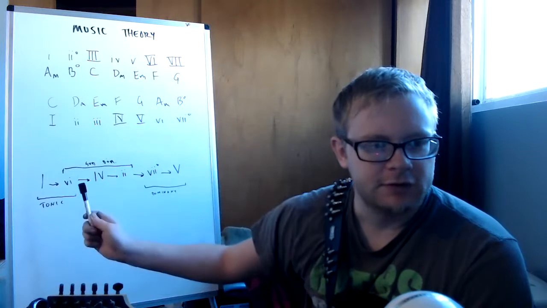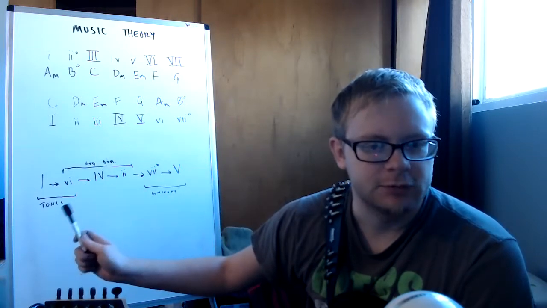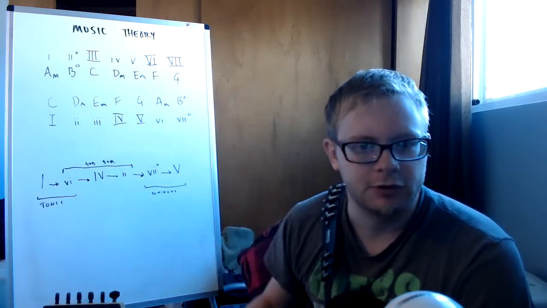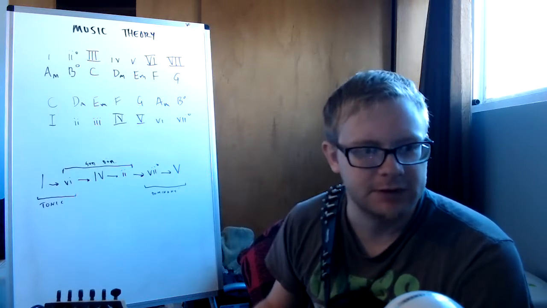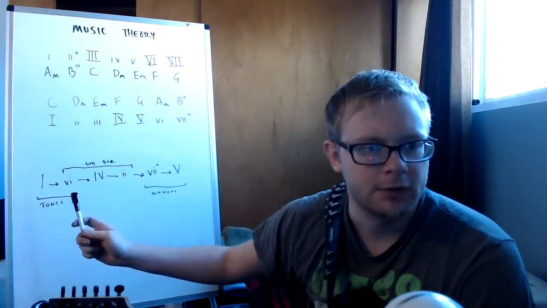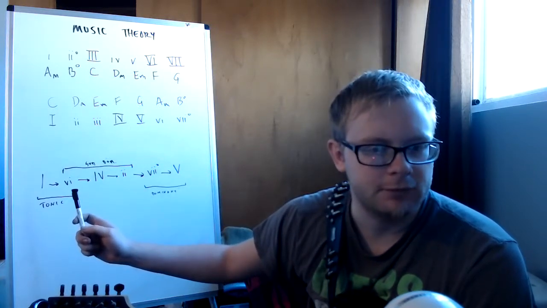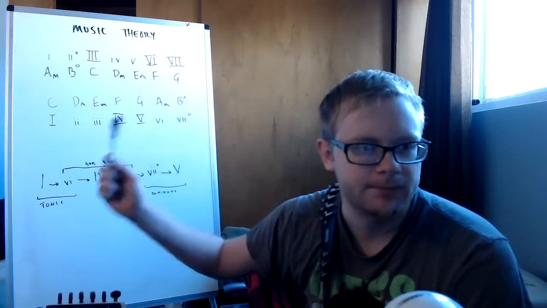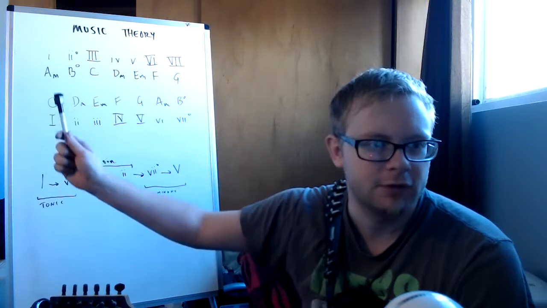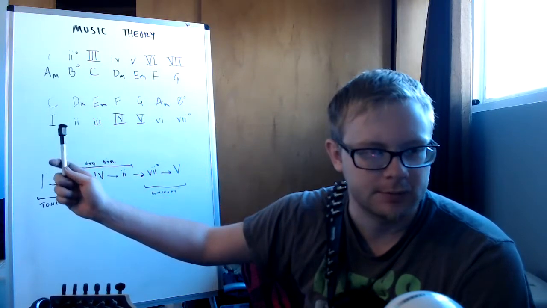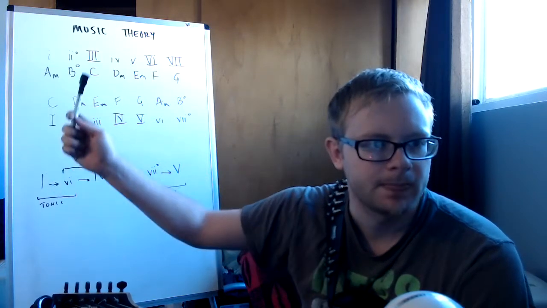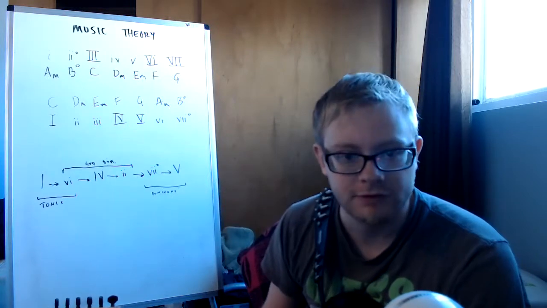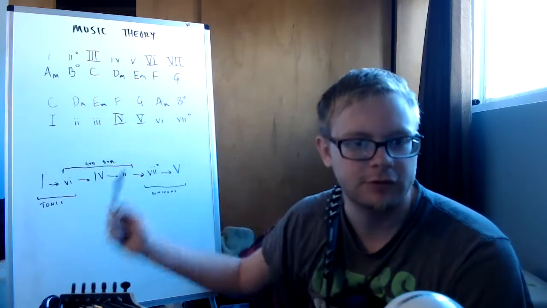Now, the 6 is actually in two different categories. You could put it in the tonic, but you could also put it in the subdominant. And the reason is because, well, if we look at the C major scale and the A minor scale, we notice that both of these keys, C major and A minor, are relative to each other because they have the same chords and the same notes.